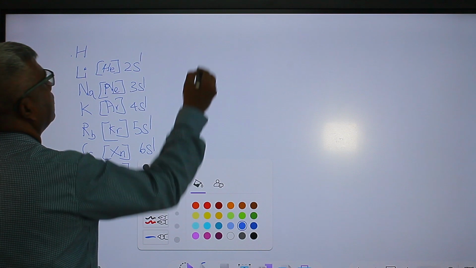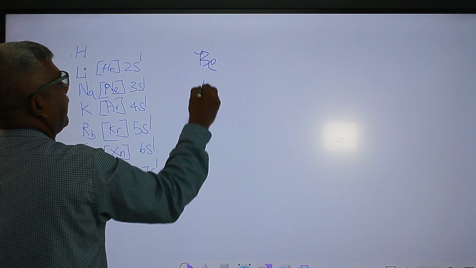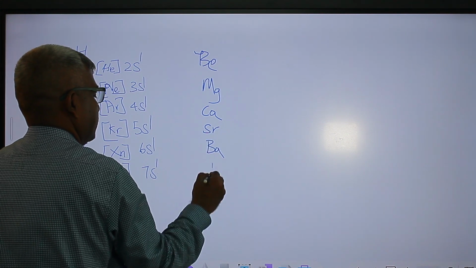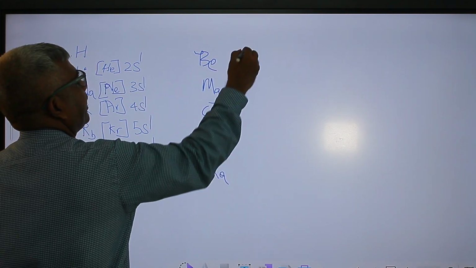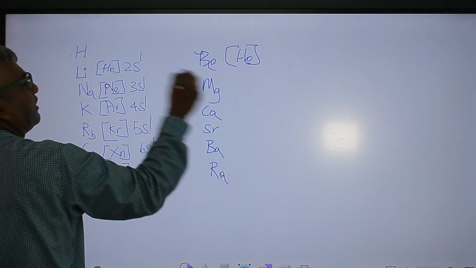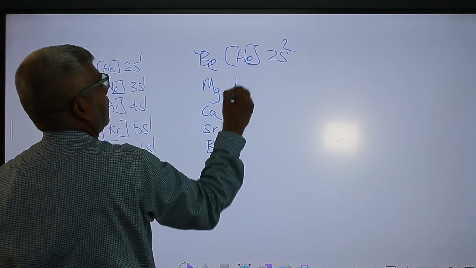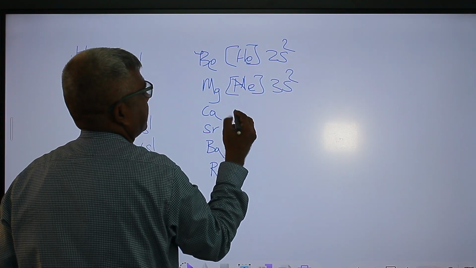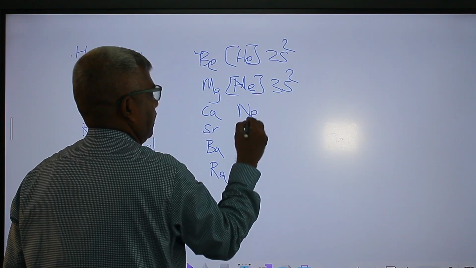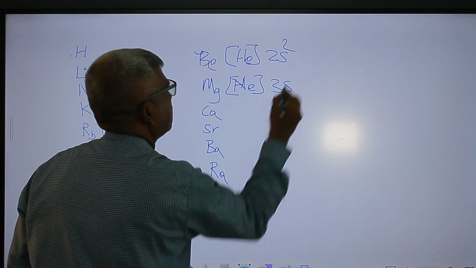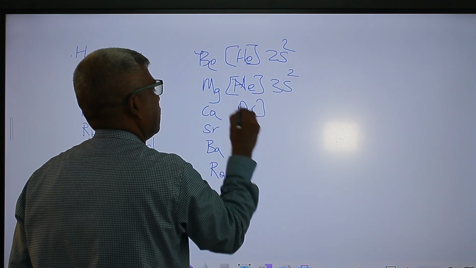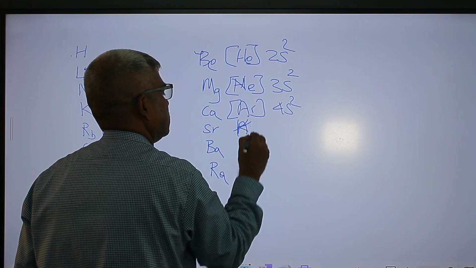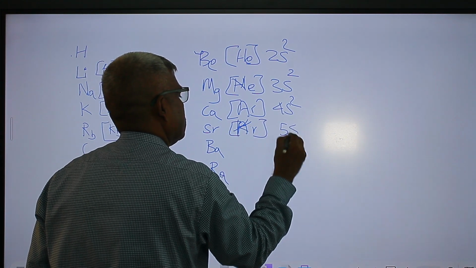Next is beryllium, magnesium, calcium, strontium, barium, radium. Say helium electronic configuration after, it is 2s2. Neon, 3s2. Calcium, argon, 4s2. Krypton, 5s2.